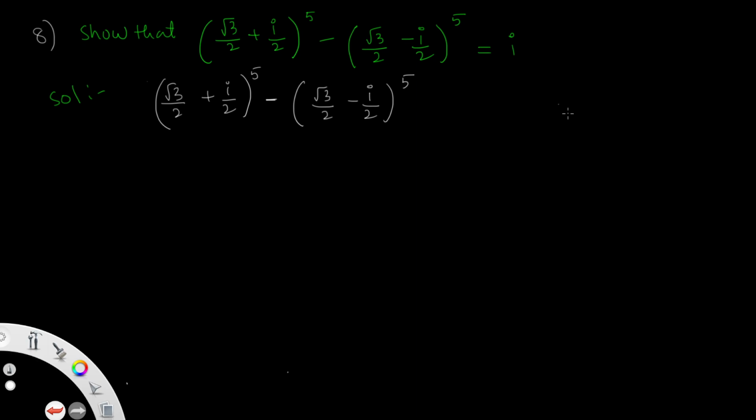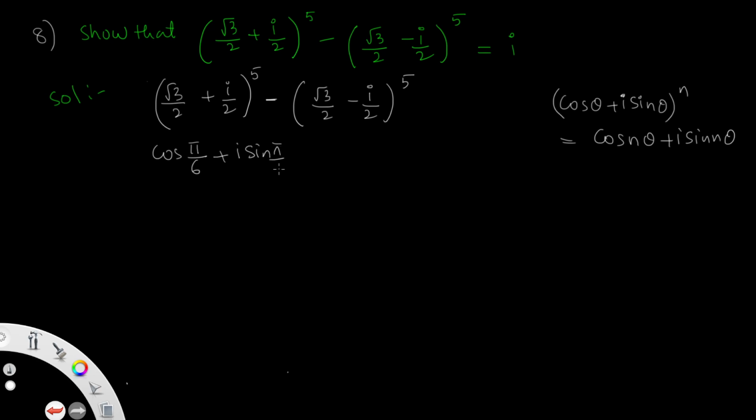Always write in the form of De Moivre's: (cos θ + i sin θ)^n is nothing but cos nθ + i sin nθ. The first term is always in cos form, the second in sin form. So root 3 by 2 means cos pi by 6, cos 30, plus sin 30, that is sin pi by 6, whole to the power of 5.